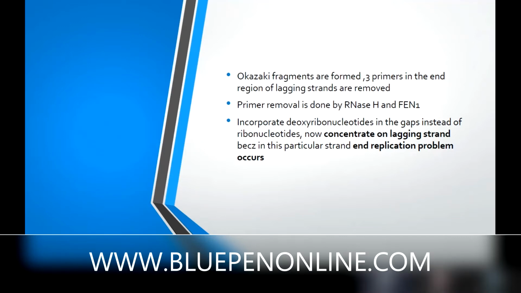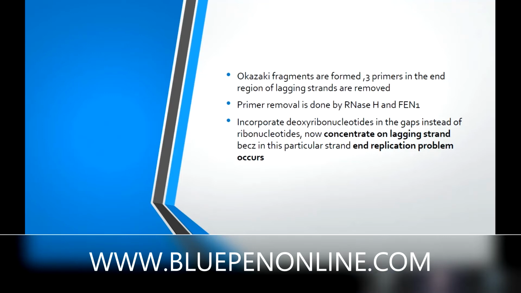After that, Okazaki fragments are formed and the RNA is removed. The RNA primer is removed by RNase H and FEN1. Then deoxyribonucleotides in the gap are incorporated instead of ribonucleotides.